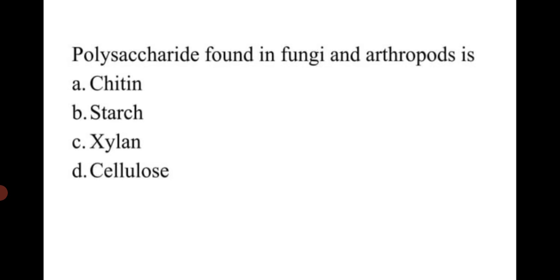Xylan and cellulose are predominant polysaccharides found in the cell wall of land plants, and xylan is a polysaccharide made up of beta 1,4 linked xylose sugars. Xylose is a pentose sugar, and it has branching with alpha arabinofuranose.